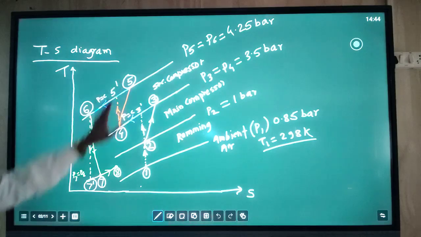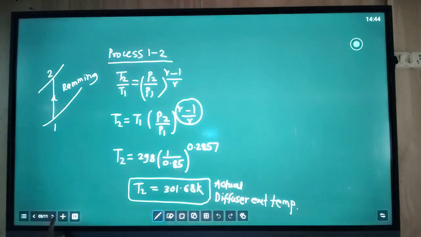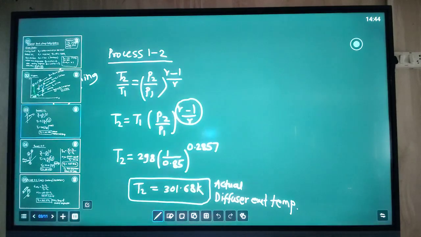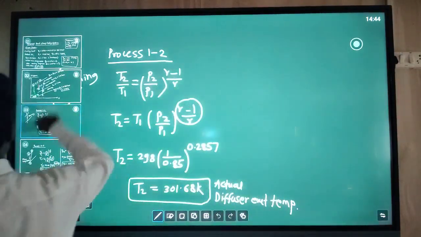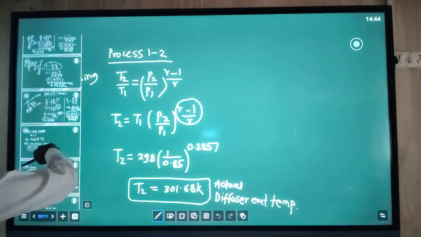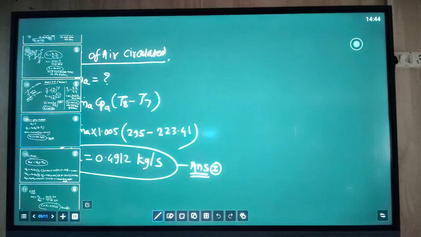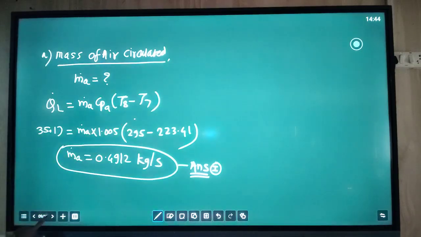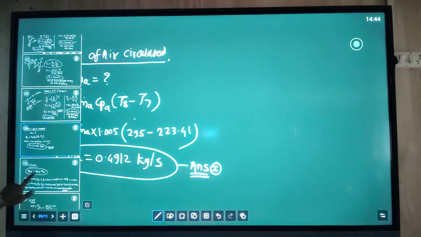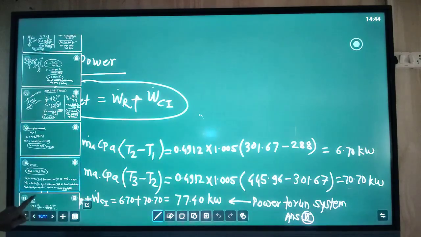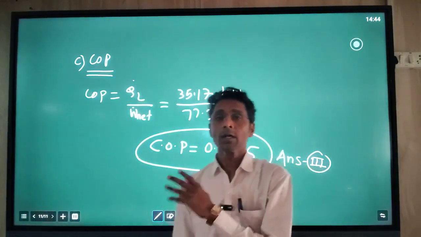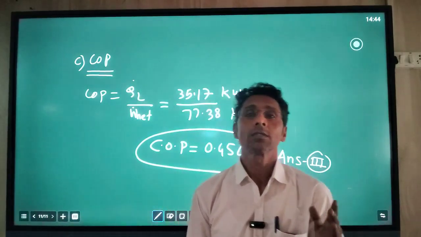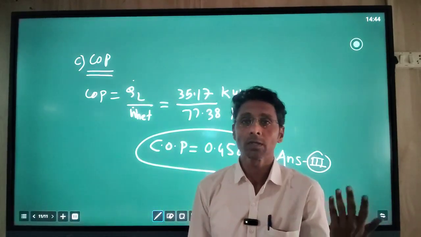By writing the formulas and following all the processes, we obtained the temperatures, and at the end, after finding all the temperatures, we find the mass flow rate, then we find the power, and finally COP of the system. So this was the numerical treatment of the Bootstrap air cooling system, which is used in an aeroplane for air cooling purpose.